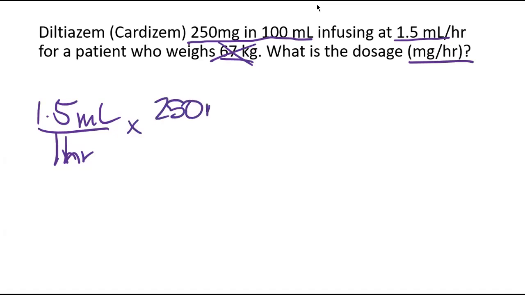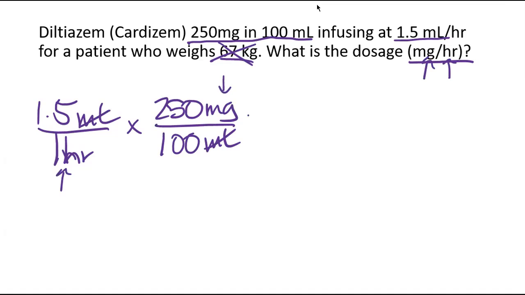250 milligrams divided by 100 milliliters. So you can cross out the milliliters. You want milligrams per hour. You got milligrams per hour. You've got it. All you have to do is the math now. So we do 1.5 times 250 and divide that by 100. And we get 3.75.